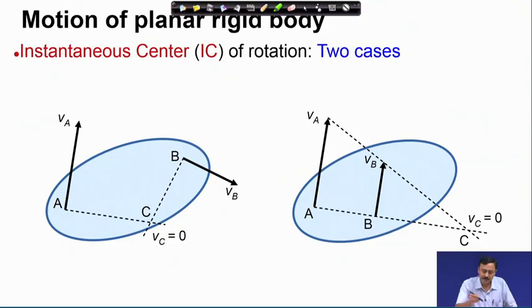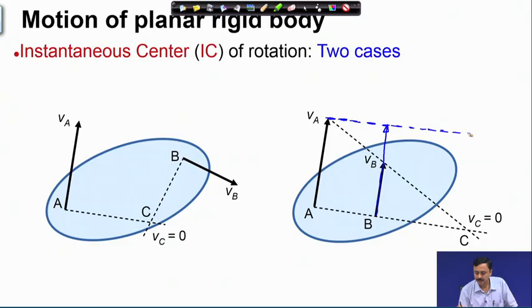Now, if I ask what would happen if the velocity of point B were the same as the velocity of point A, with the same magnitude and direction, then what happens? The line AB and this blue dashed line are parallel.